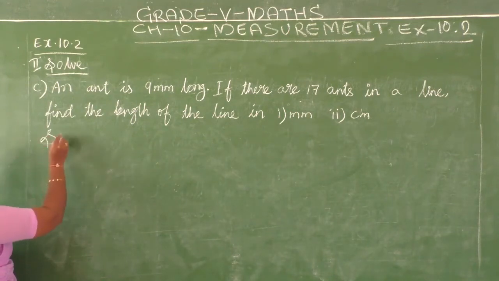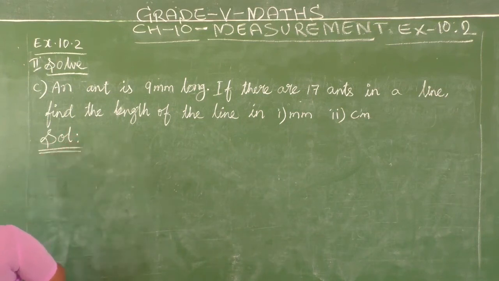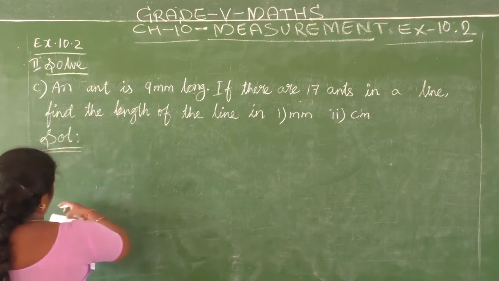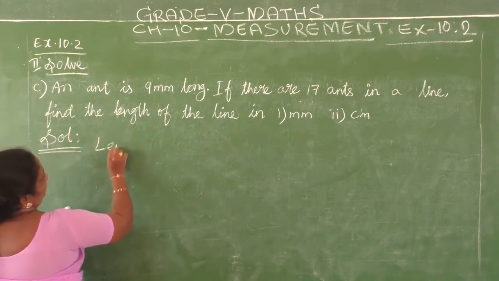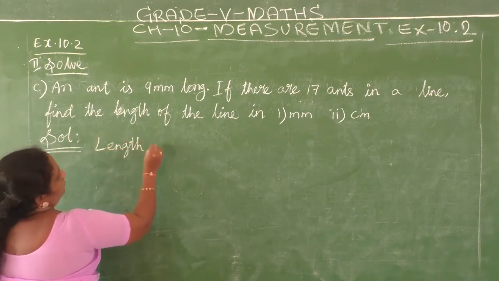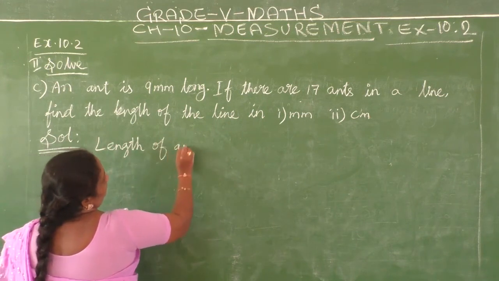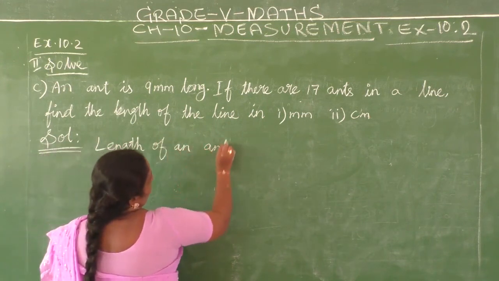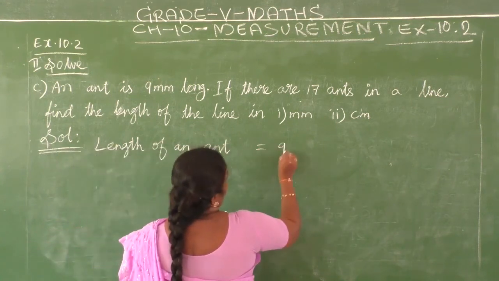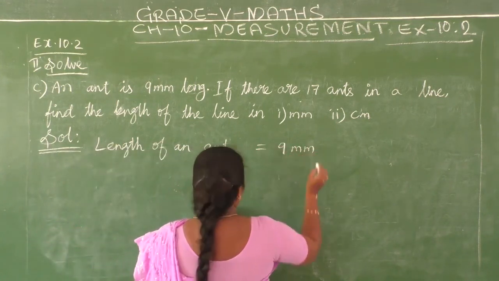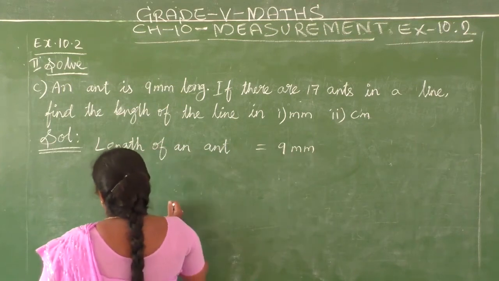Solution. What is the length of the ant? Length of an ant is 9 millimeter. mm means millimeter.